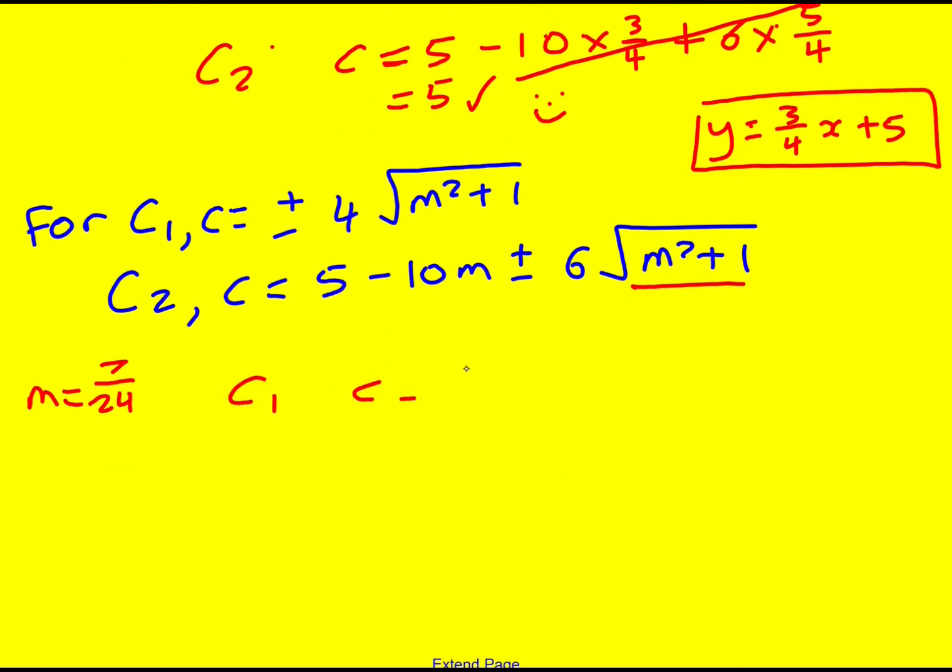Going to get C equals plus, not plus or minus, just the plus, 4 times the square root of 7 squared over 24 squared. And I'm not going to square them for the moment. You'll see why in a second. And then plus 1 or 24 squared over 24 squared.